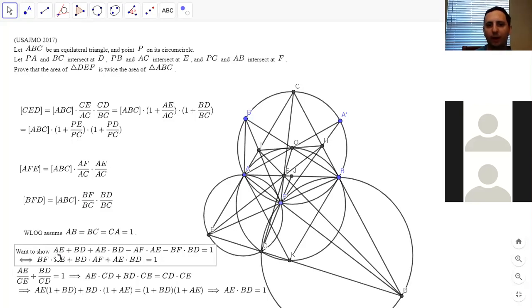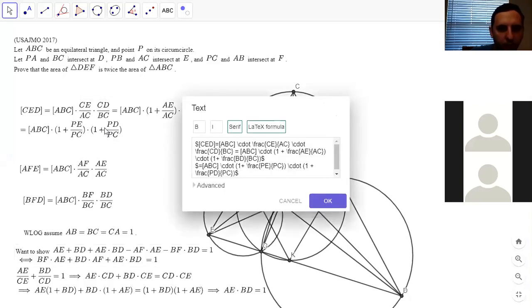It seems true that, visually, it looks true that AE times BD would equal 1, right? So I think I have to look at this and see what I did wrong. So let me delete the part with P right here.